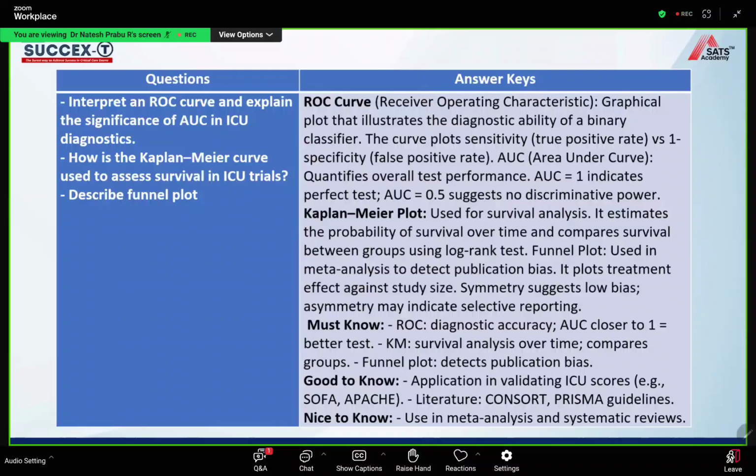Similarly, see the POCUS, where the specific question is discuss the role of POCUS. That means you have to describe why POCUS is important in terms of vascular access, how it is useful for us, starting from anatomy to guidance to looking for complications, checking the placement, etc. All these things should be described.